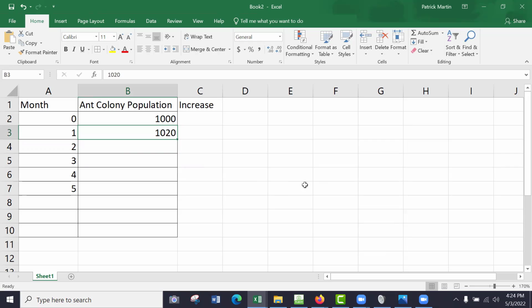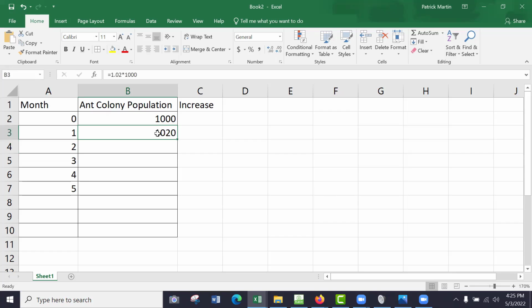Now, the cool way to do that is to go equals 1.02 times 1,000. If you multiply a number by 1.02, you're going to take that number back, the 1,000, and you're going to get the 2% as well, which is awesome. So we can go 1.02 times 1,000 and get our 1,020.